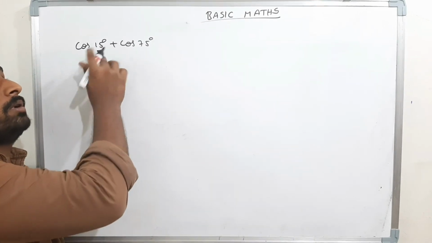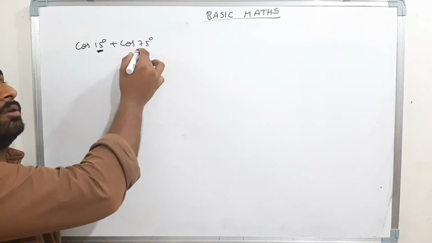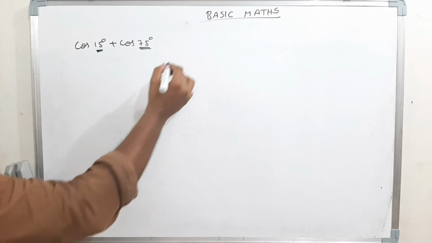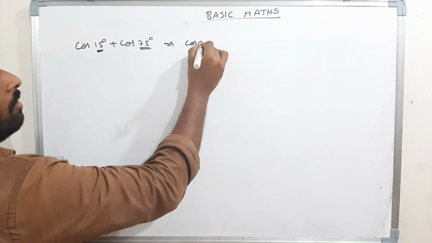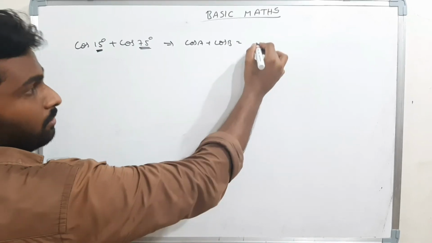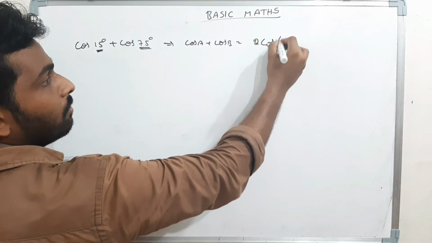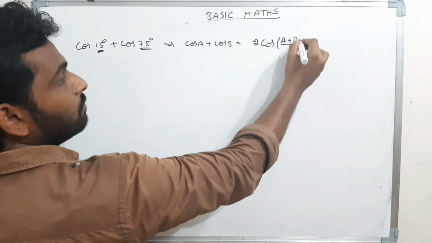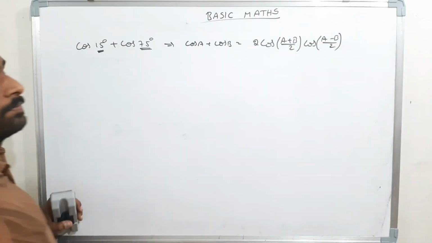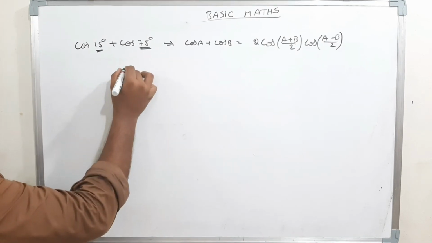But in this problem, I don't know the value of cos 15, and I don't know the value of cos 75. Now I have to use the formula for sure. Now what is the formula? It is in the form of cos A plus cos B. What is the cos A plus cos B formula? 2 cos of A plus B by 2 into cos of A minus B by 2. Use that formula here. What will you get?